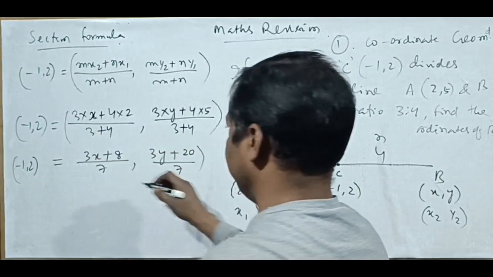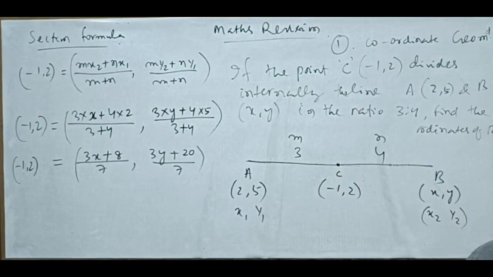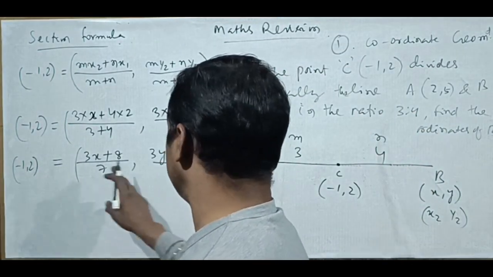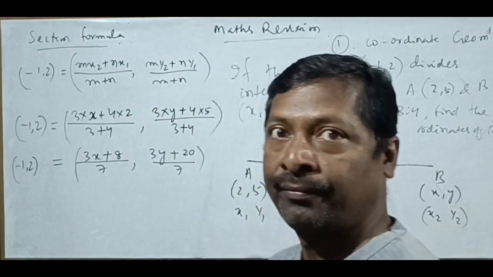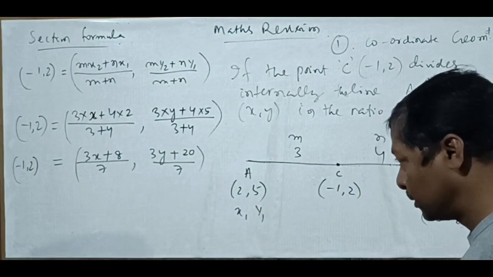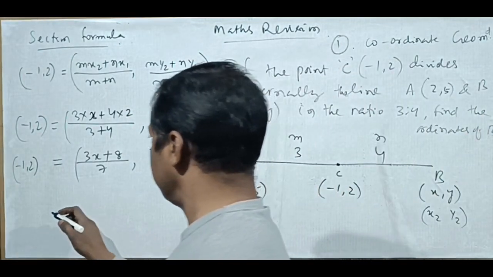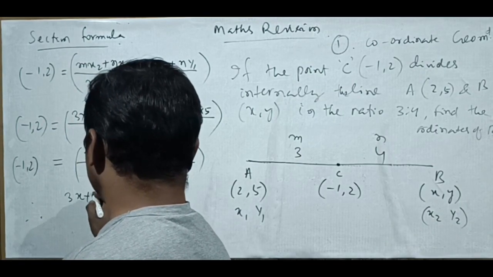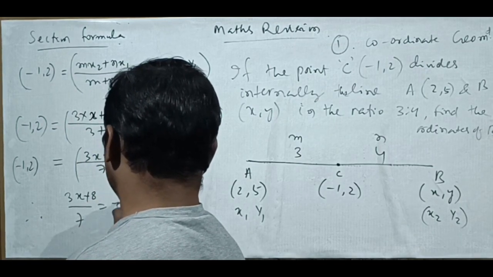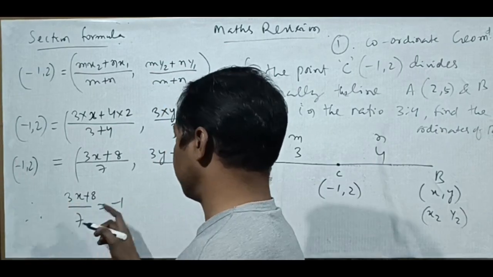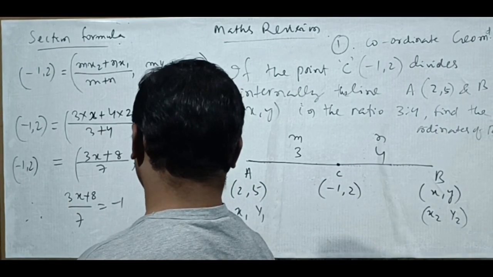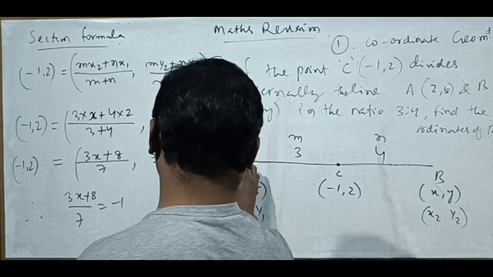Could you follow this line? So this is equal to -1 and this will be equal to 2. Very easy to calculate. So now I can write, hence, (3x plus 8) by 7 equal to the first ordinate, -1, and (3y plus 20) by 7 equal to 2.